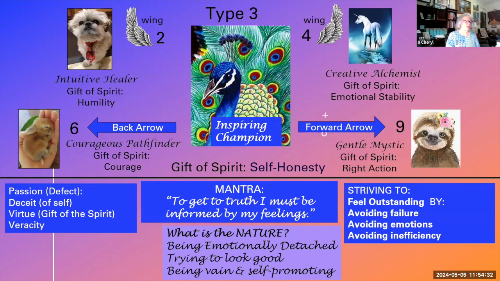Was I leaning back from that? Was I trying to look good? Was that my main motivation? Was I being vain or self-promoting? Okay, those are some of the gotchas that these different types have. And what's really interesting is when I cover the general instinctual stuff next week, that is when I think all the stuff starts coming together.